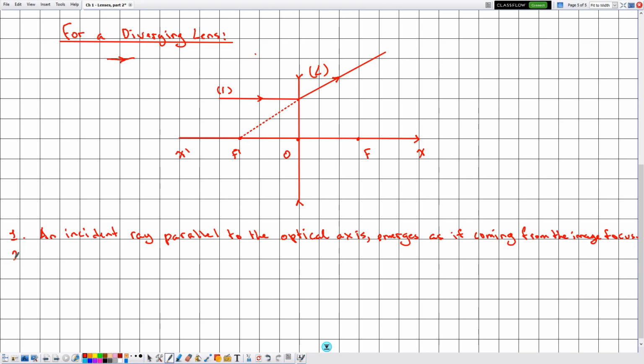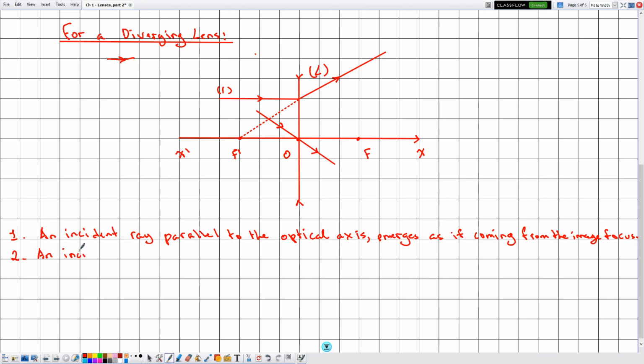Now the second ray that we need to consider is passing through the optical center. First let's trace it, then we will justify. Okay, passing through the optical center. Here nothing will change. It emerges without deviation. And we don't forget arrows. Now let's justify.